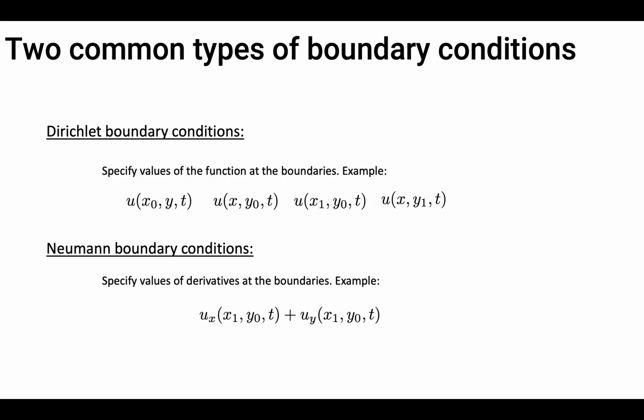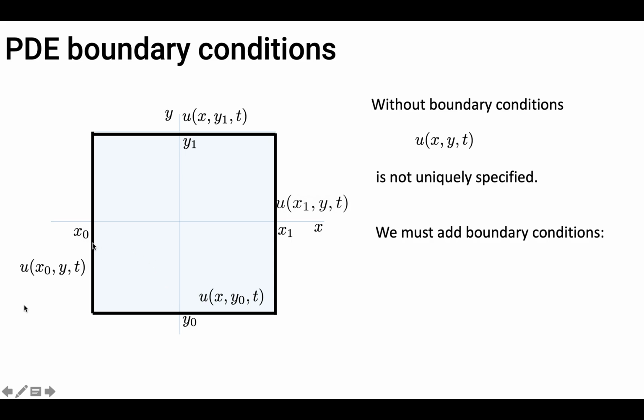If we specify Neumann type of boundary conditions, we specify the value of derivatives on the boundaries. As an example, one may say the partial u partial y, for example, on this point on the boundary is equal to some value. And one can also say, okay, the sum of the partial derivative with respect to x plus the partial derivative with respect to y at the point on this boundary is equal to some value.